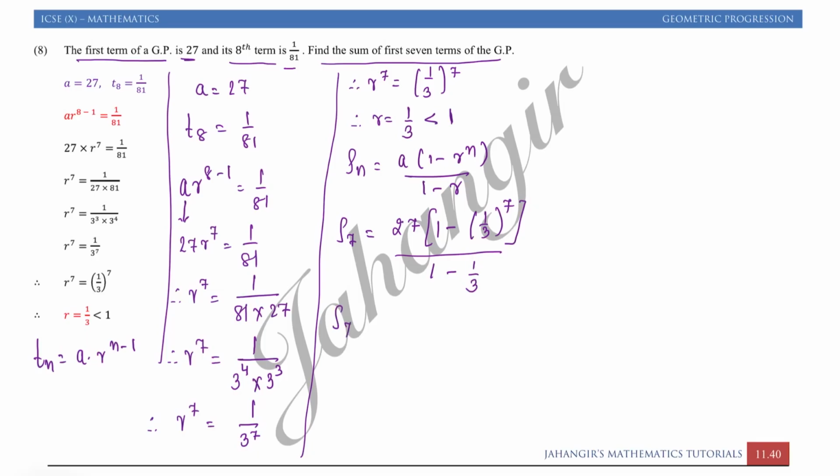So therefore S7 is equal to 27 into 1 minus 1 upon 3 raised to 7. If you just solve 3 into 3 into 3, 27, again 3 into 3 into 3, 27, 27 into 27 is 729, 729 into 3, that is 9 3s are 27, 2187.